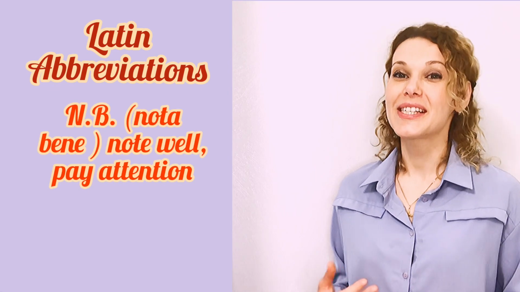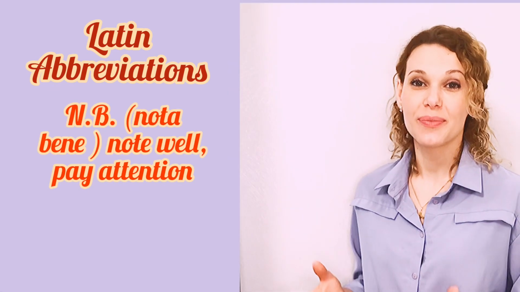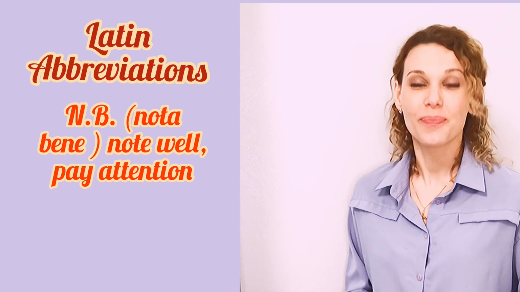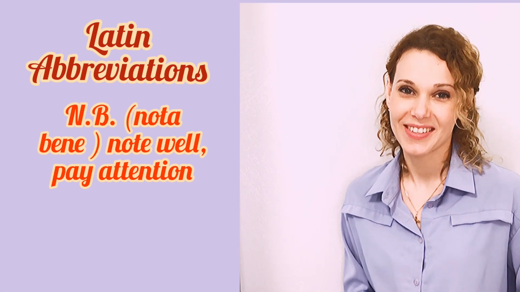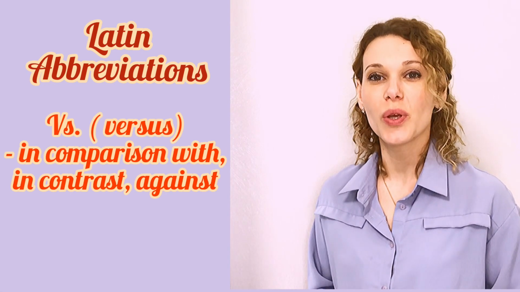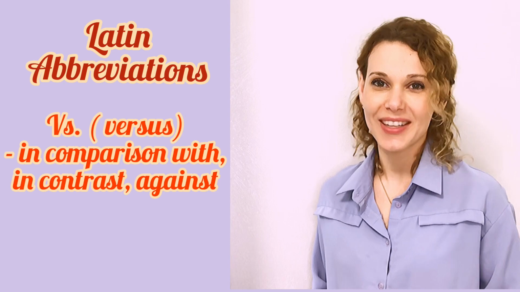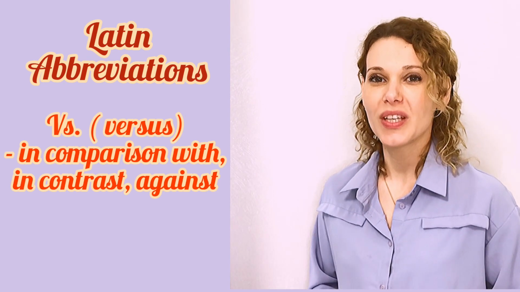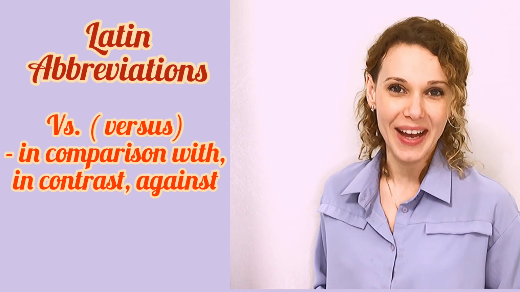Another one is NB, it's not a banner. In other words, it's nota bene, note well. Pay attention to this. Another abbreviation, VS, means versus, and we use it when we want to compare two things, two ideas between each other, especially when we need to make a choice between them.